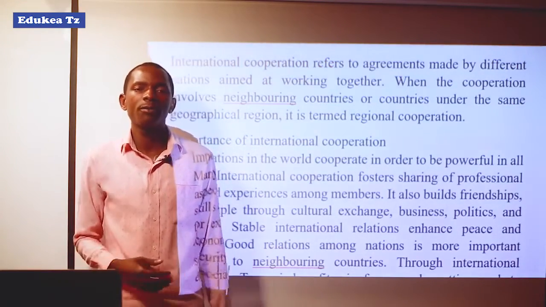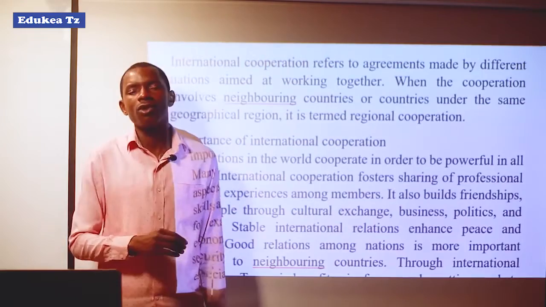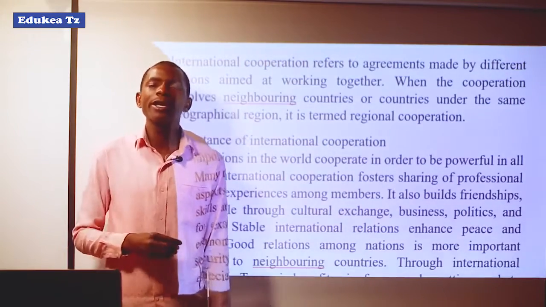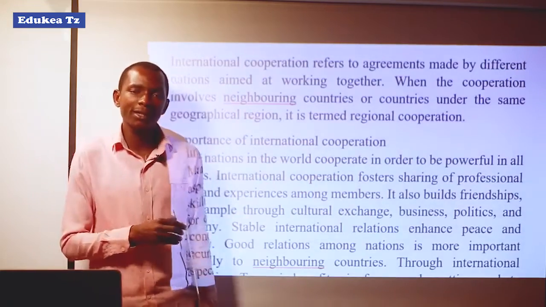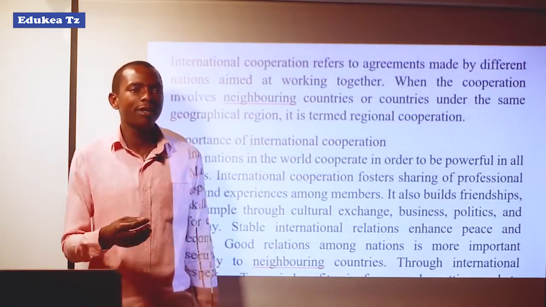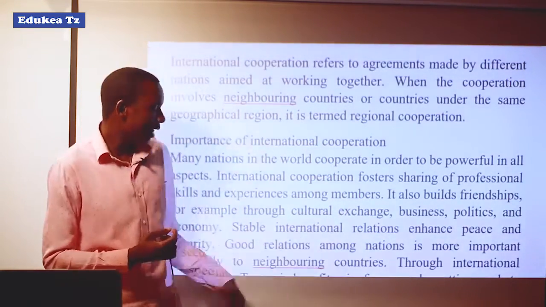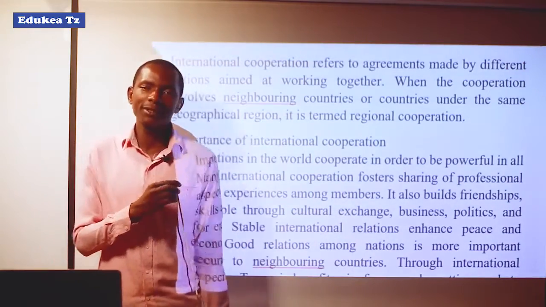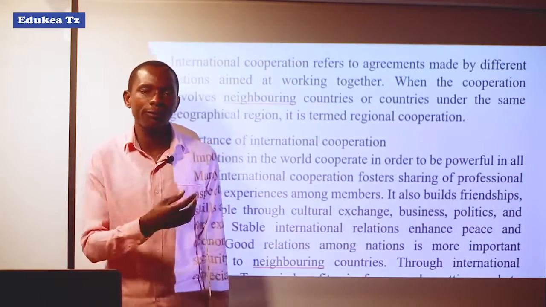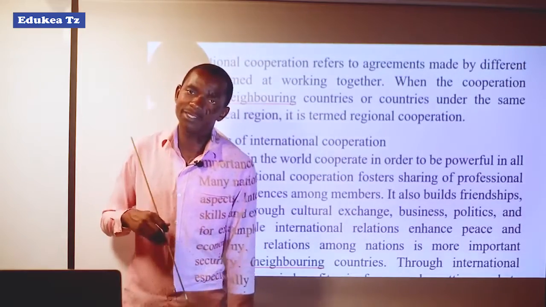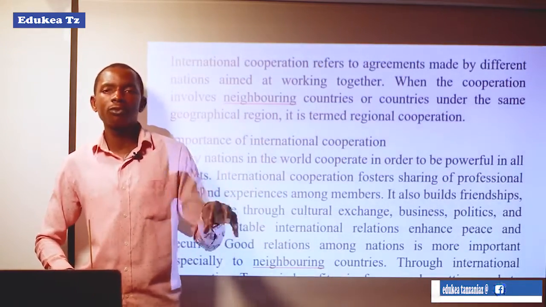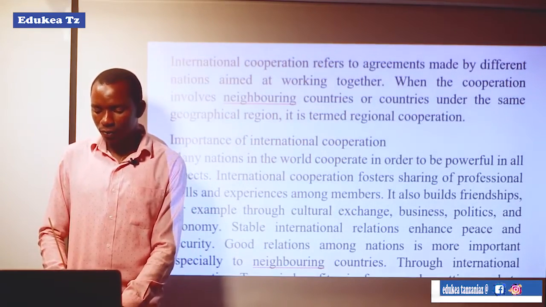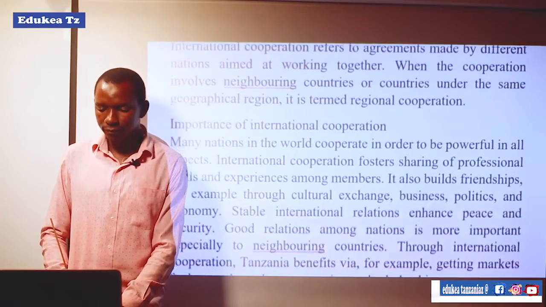There are a lot of Tanzanians who are employed in other nations because of these cooperations which have been formed. Those are some of the advantages of international cooperation. There are a lot of them, but these are some which I was trying to clarify.